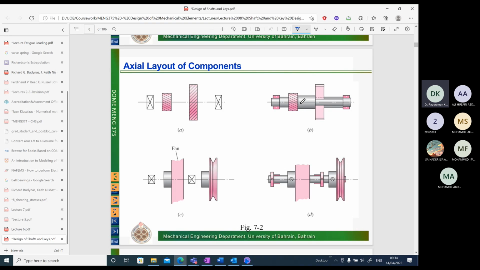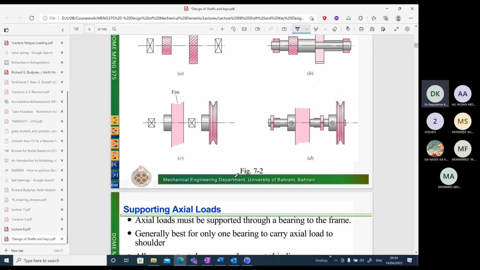The bearings enable rotation of the shaft without much friction, and you have gears and pulleys here. Again, gears and pulleys are also located with the steps provided in the shaft. So providing steps in the shaft is very much a necessary element of the shaft. Whenever you provide steps, what will happen? Stress concentration effects. And you need to carefully design your shaft for that.